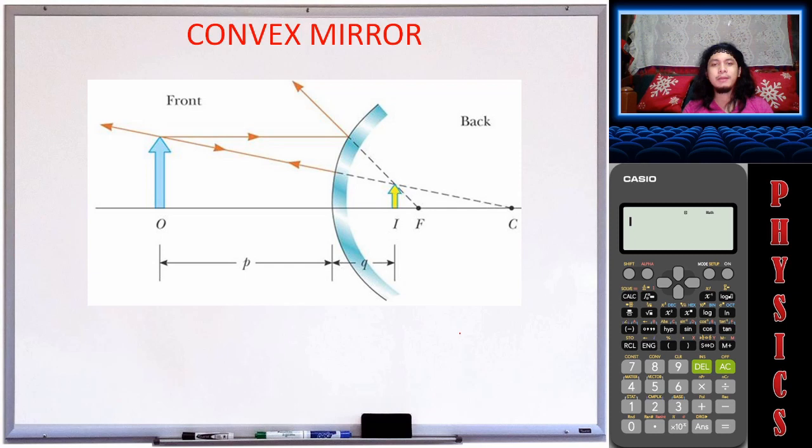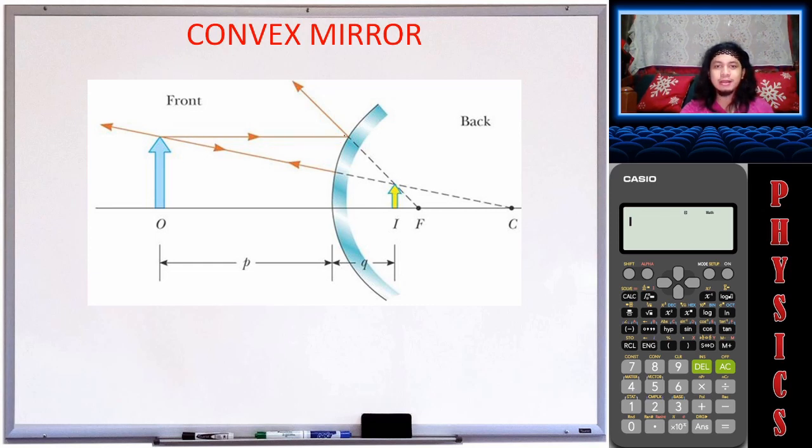And ito naman kapag convex, sabi natin kapag convex mirror, it is diverging. Ayan. So kung diverging siya, ang tendency mag-diverge yung lights. So pag dito mo binato, tatalbog.